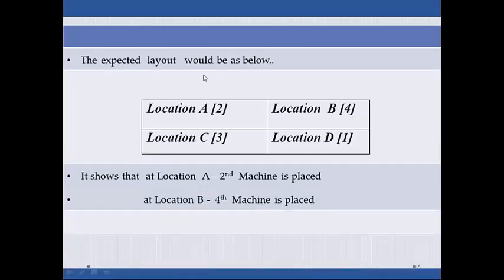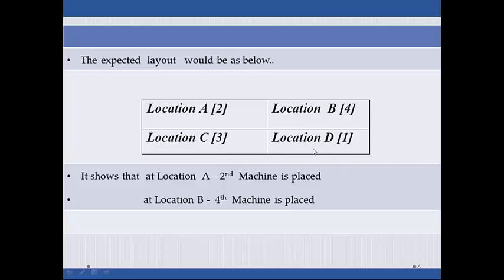Coming to the next, the expected layout would be as follows. After solving this problem, at the end we will get an answer like this. Suppose in this case, this is location A, location B, location C, location D. Traditionally, we consider that for A, B, C, D the machines should be 1, 2, 3, 4.